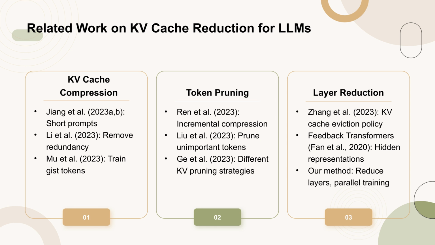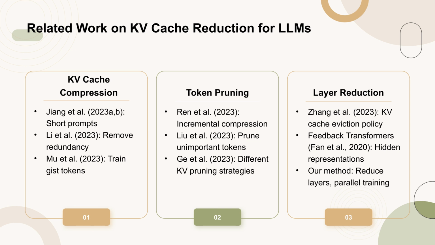Ren et al., 2023, incrementally compress specified spans of tokens, and Liu et al., 2023, prune unimportant tokens without affecting performance. Ge et al., 2023, propose different KV pruning strategies for different types of attention heads. Zhang et al., 2023, introduce a KV cache eviction policy based on attention scores.